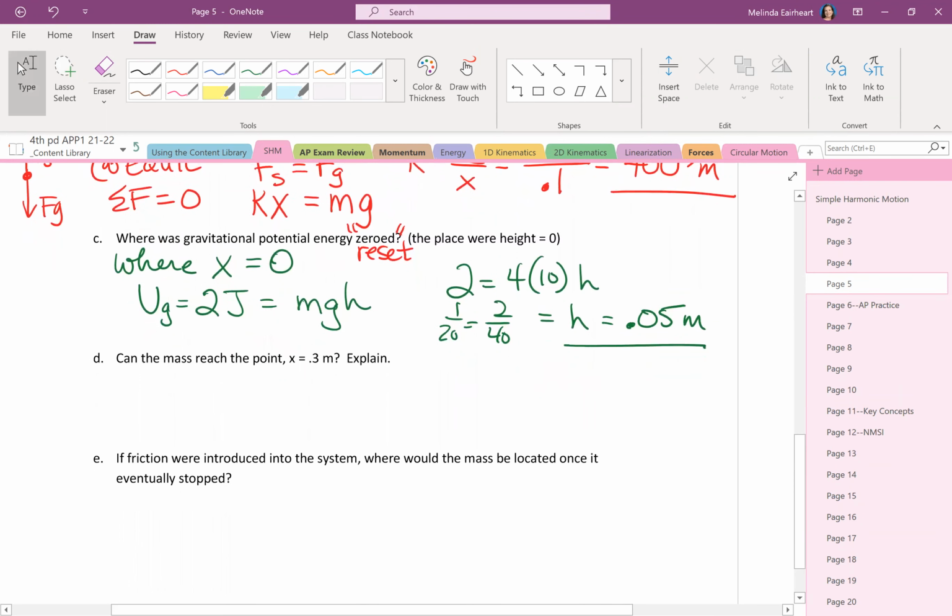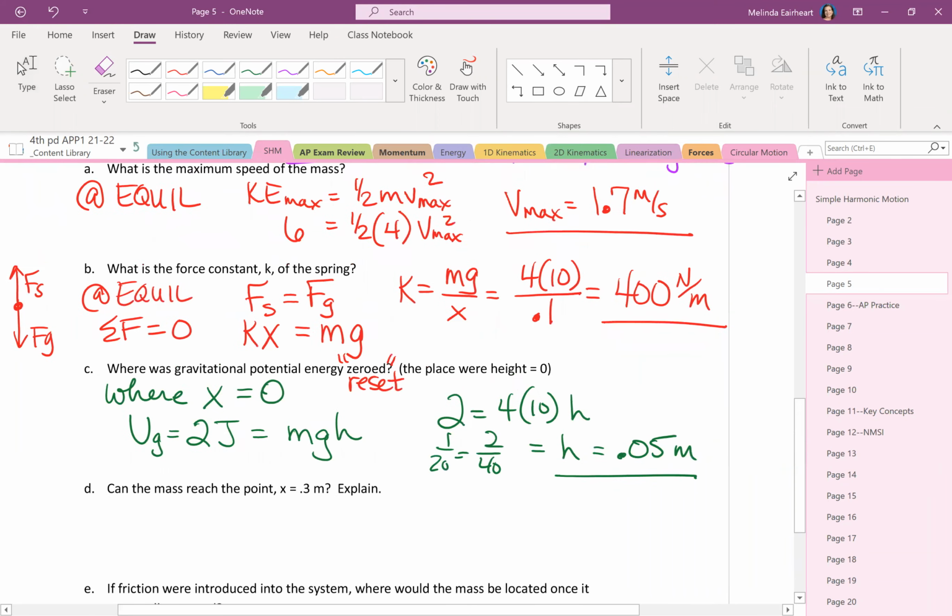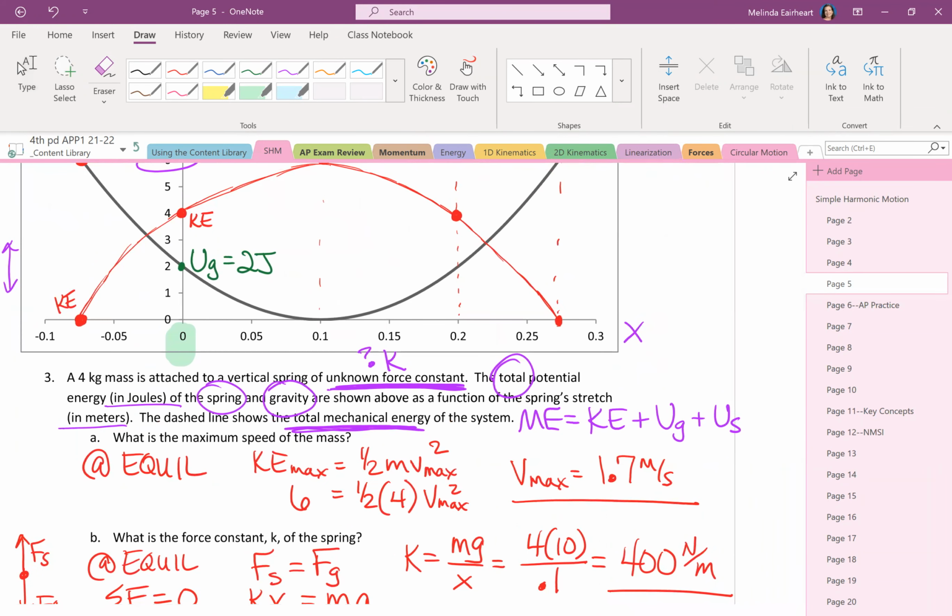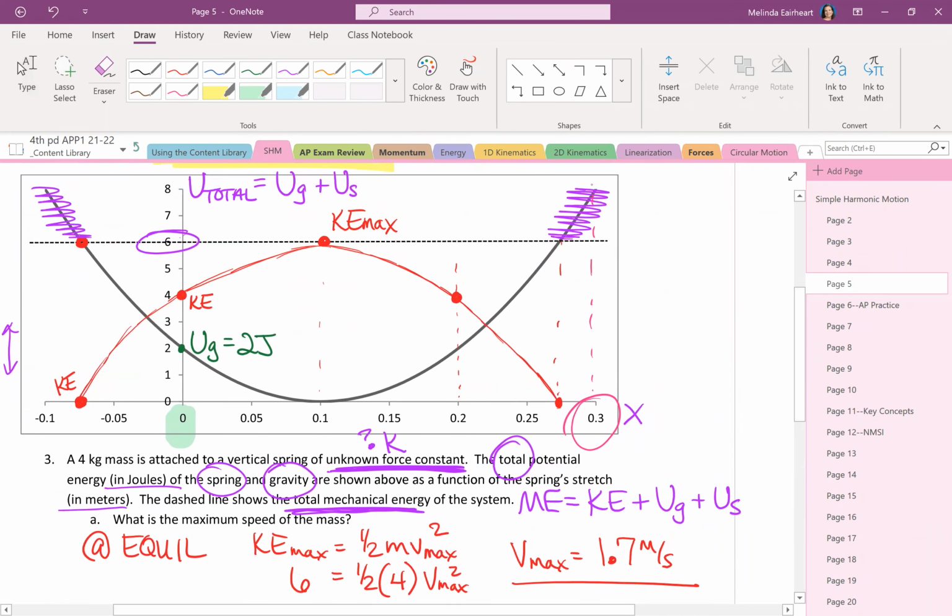Okay. Last 2, I think, should go pretty quick. D, can the mass reach the point of stretching 0.3 meters? If we go up to the graph, 0.3 meters is where? Well, it's the end of the graph. And it's in that region that we said wasn't possible, right?